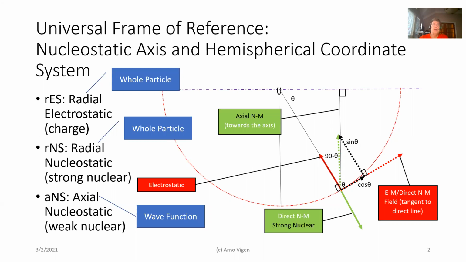But what I'm going to talk about is three fundamental fields or forces or interactions or accelerations, depending on what level you're talking about. So there is the radial electrostatic charge. That is isotropic, which is a fancy word for saying the same in every direction.